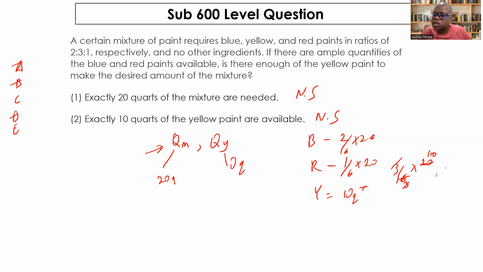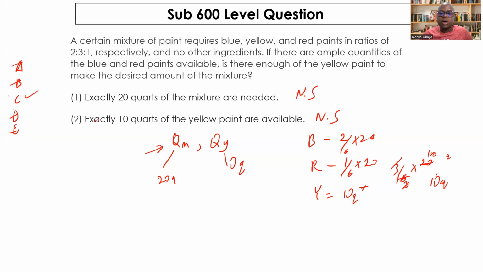So we have 10 quarts as the desired amount required to make the mixture, which also matches what we've been told. So C is sufficient, because if you combine those two statements, we do have the desired mixture. So C is the answer, and we cross out answer choice E.